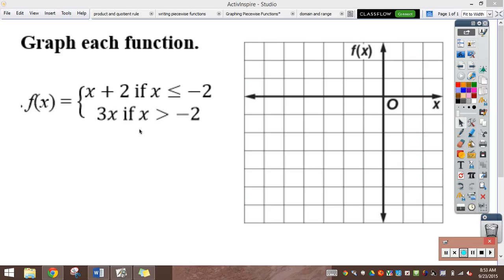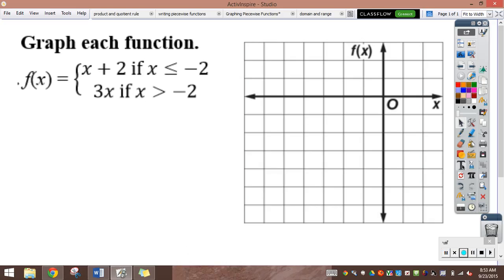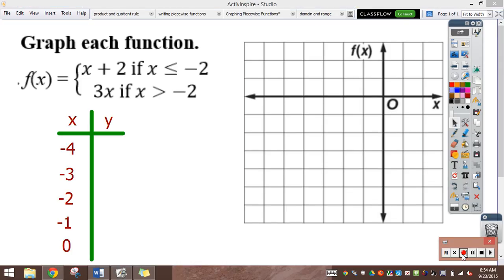To start with, we're going to create a t-chart, and your t-chart needs to include some x values that are less than and greater than your dividing x value here, negative 2. What I suggest is that you create a t-chart with negative 2 in the middle, so you make sure you have some values less and some values more than negative 2.